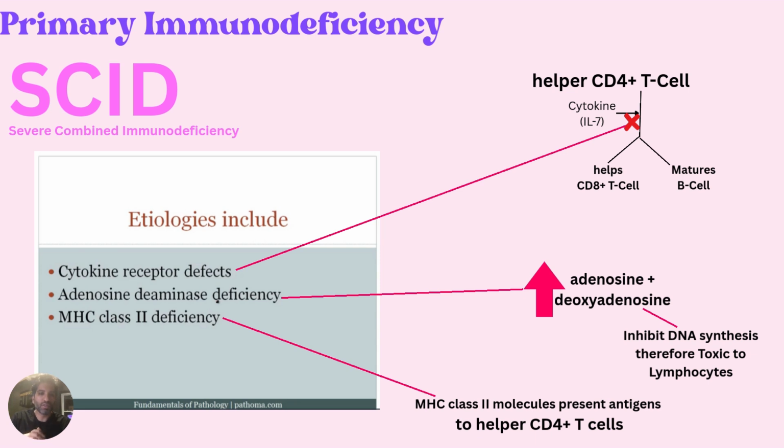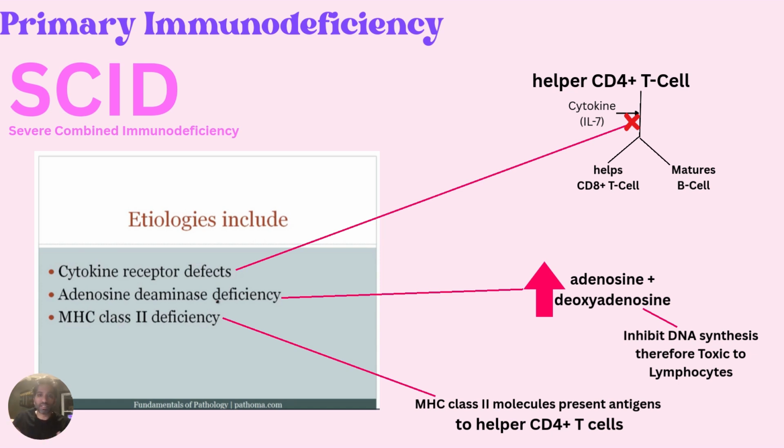Okay, so etiologies. What causes this? A few things: cytokine receptor defects. So basically, the receptors for all the interleukins that are produced are defective. Interleukin 7 is probably the most important cytokine because it stimulates survival and expansion of B cells and T cells, and it's produced by a CD4 T cell.